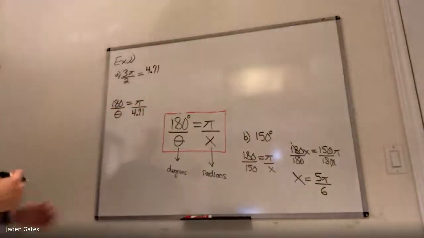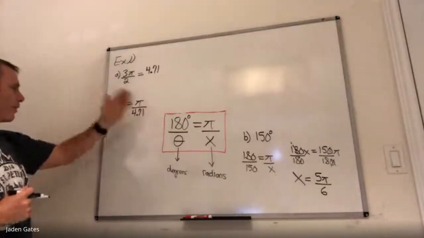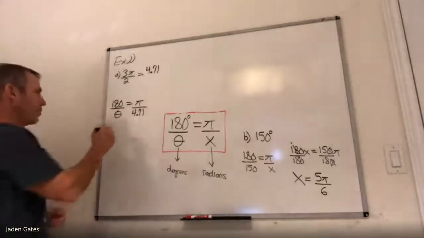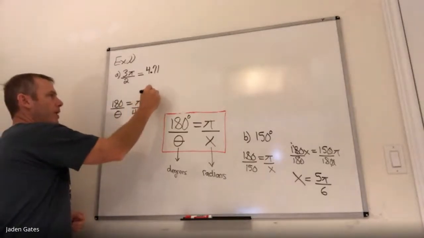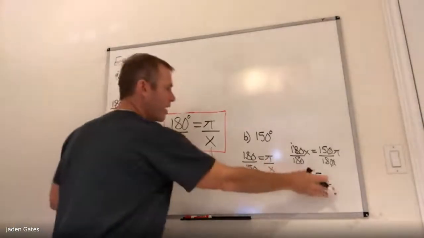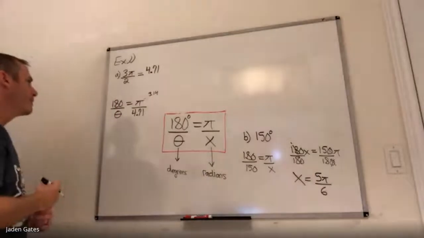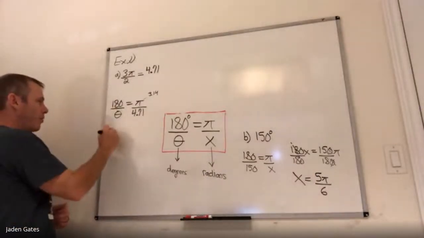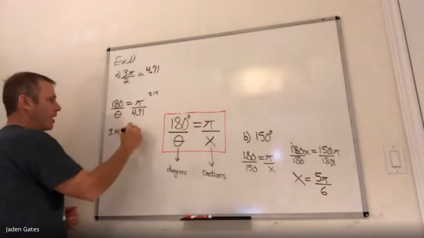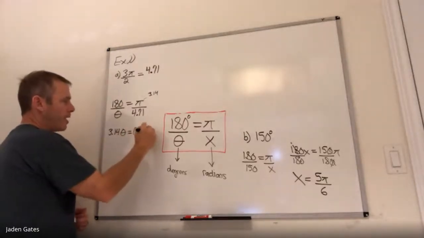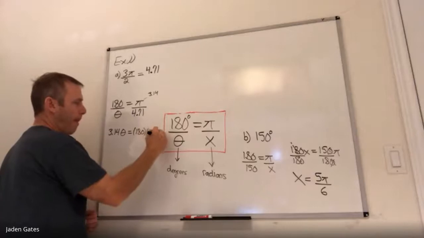There we go. And again, because I have a fraction equaling a fraction, I'm going to cross multiply. And this time I am going to use 3.14 for pi. It's just when I'm finding it in radians that I leave the pi in there. So I have 3.14 times theta. That's the angle I'm looking for. I got 180 times 4.71.